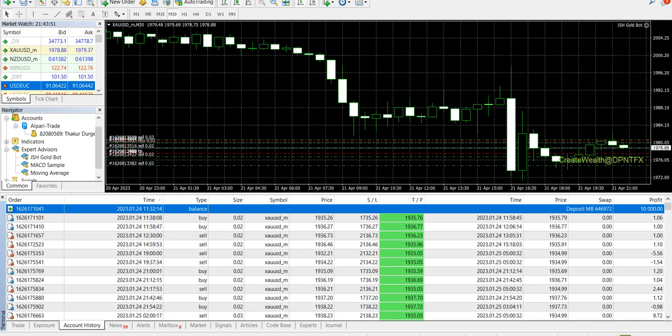So we started with 10,000 US cents, and we started with 0.02 lot size. If you would like to trade with this expert advisor, we suggest 5,000 USD or 5,000 US cents. It has to be 5,000 at least, not below that.